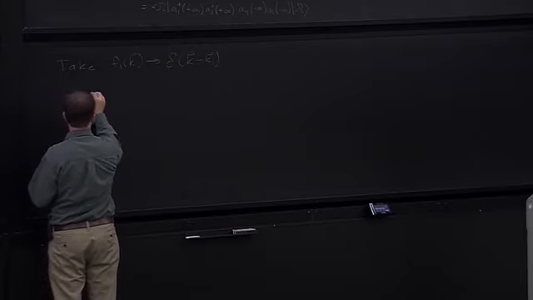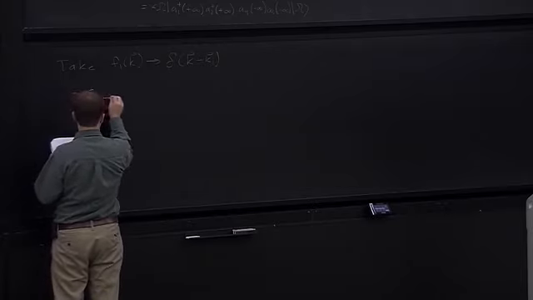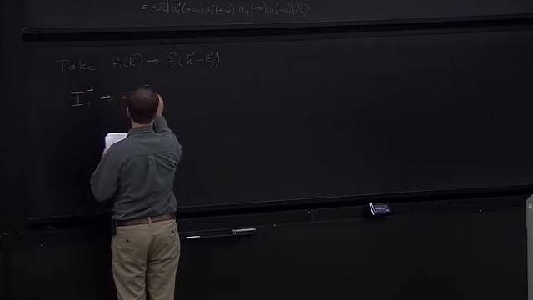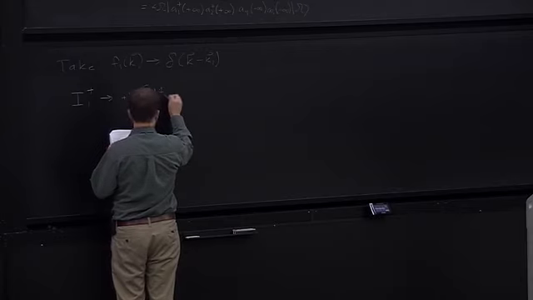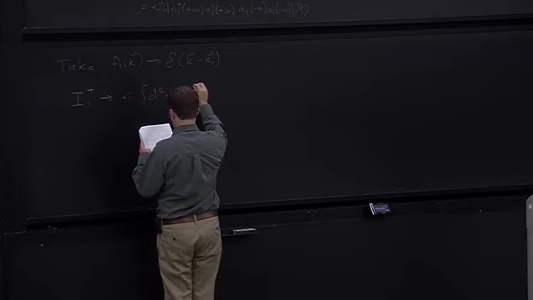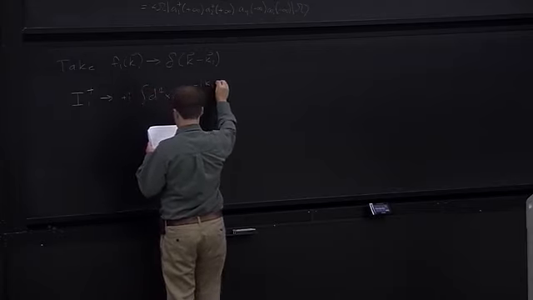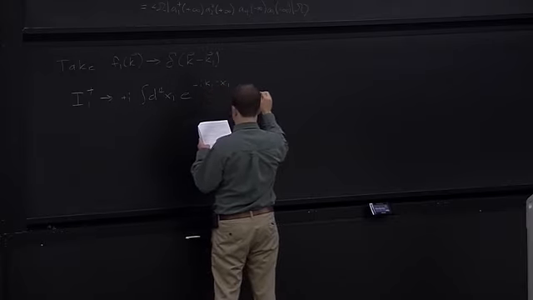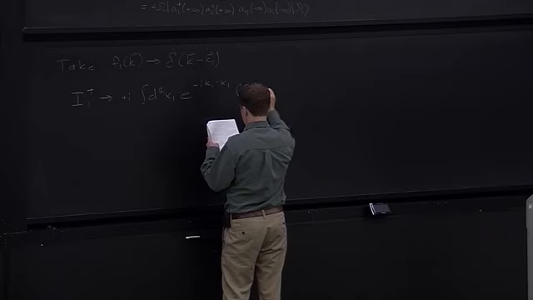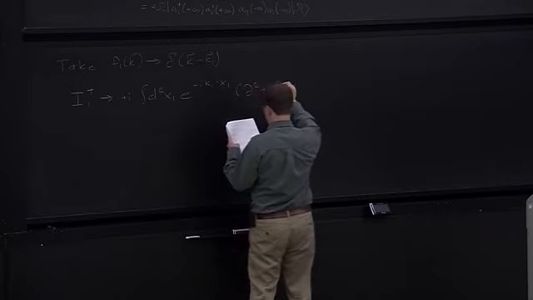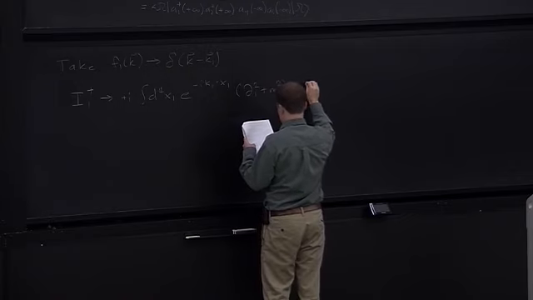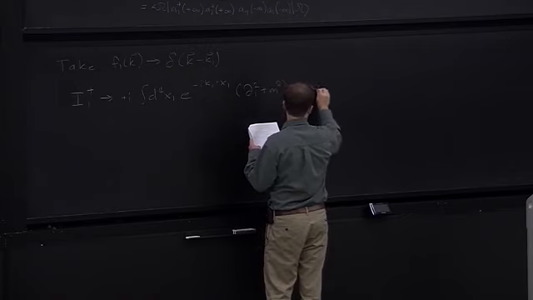So I1 dagger then just becomes plus I integral d4 x1 e to the minus I k1 dot x1 (d1 squared plus m squared) of phi of x1.